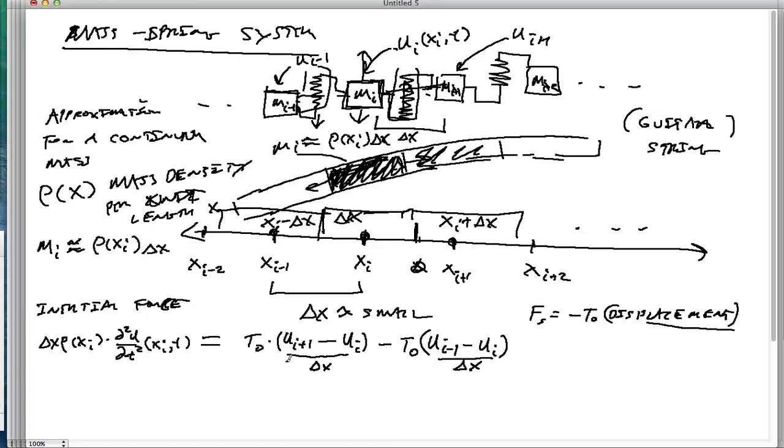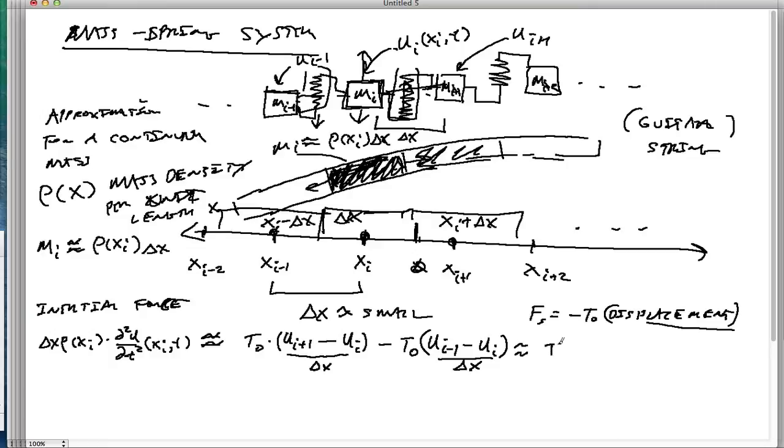So this looks good. Of course, these look a little like derivatives, so I'm going to rewrite that. This is approximately equal to, and these are all approximate because we're approximating a continuum mass by little masses and little springs.